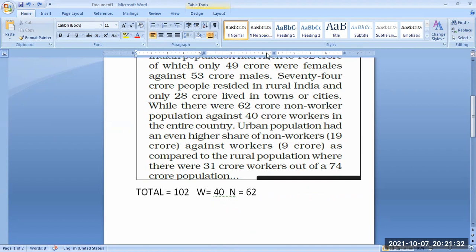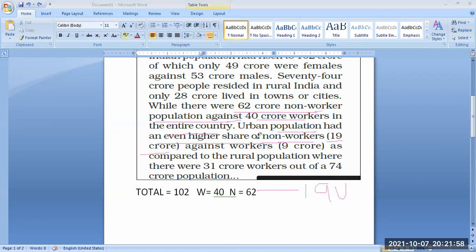Now you see. While there were 62 crore non-workers against 40 crore workers in the entire country, urban population had an even higher share of non-workers, 19 crore. See, in non-workers total 62 are there. In this, 19 crore are urban.